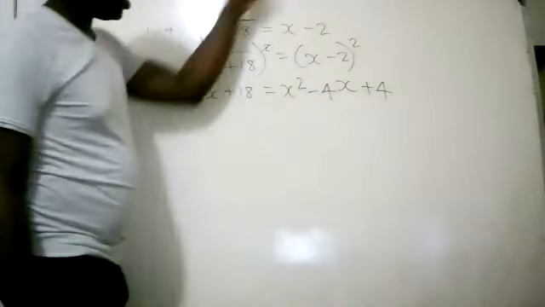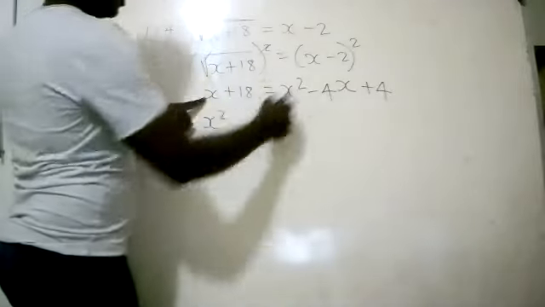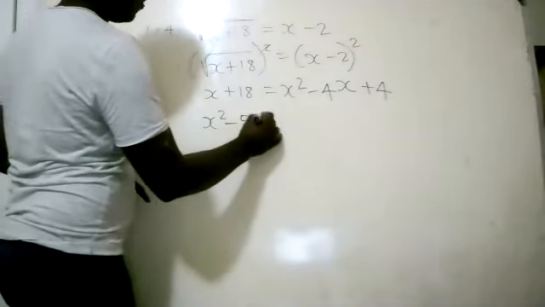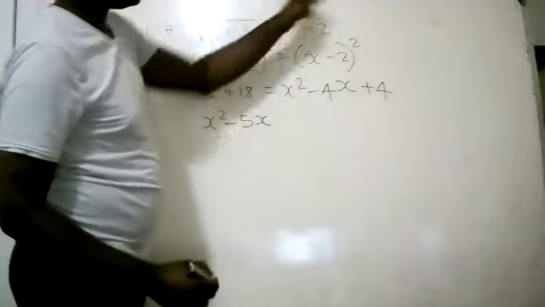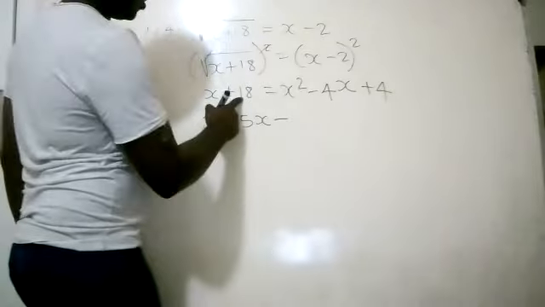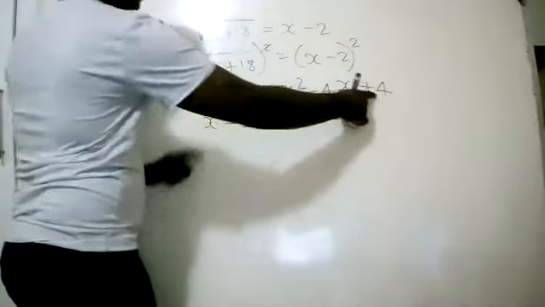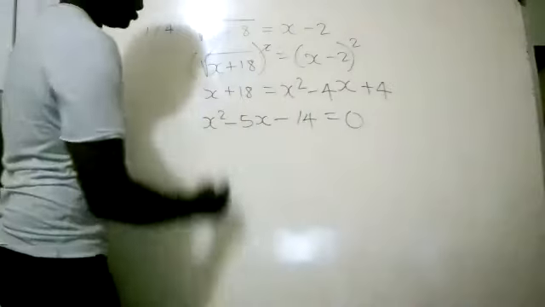Then you take this to the other side, you're going to have x squared. When you take x to the side, it gives you -5x. You take this 18 to the other side, it gives you -14, equal to 0, because 4 minus 18 is -14.